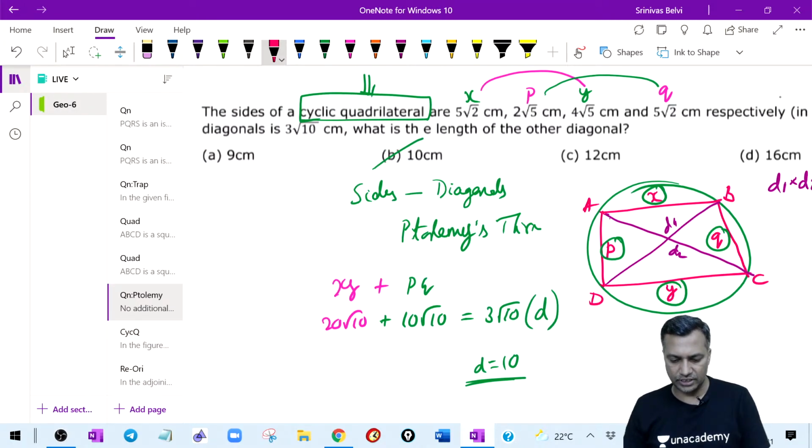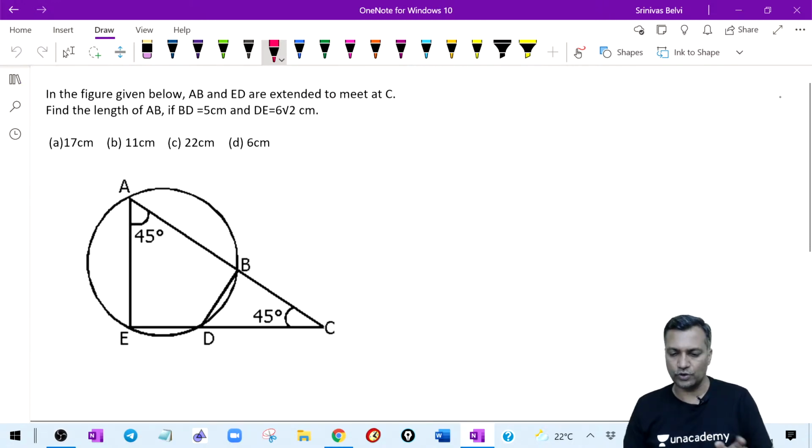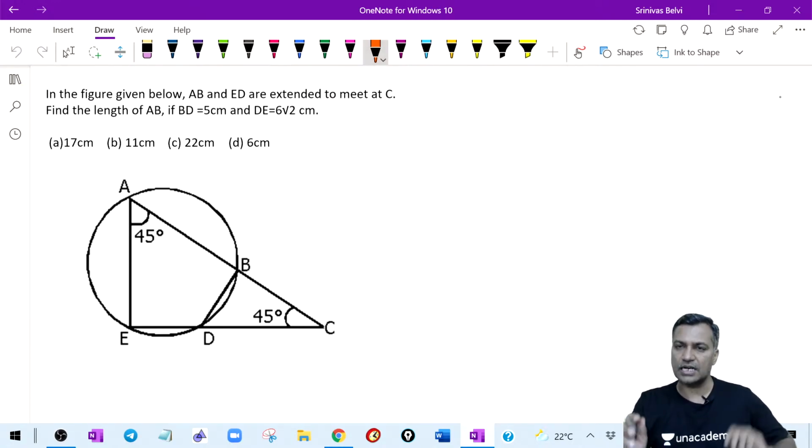One of the important theorems with respect to cyclic quadrilateral. Just remember that particular point. Okay. Here comes a beautiful CAT question. Yeah, quadrilateral study by and large done. Let's go ahead.